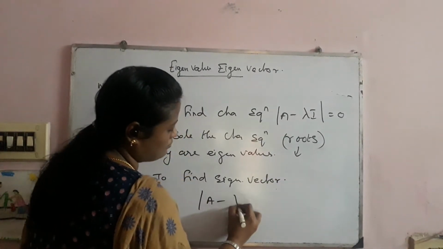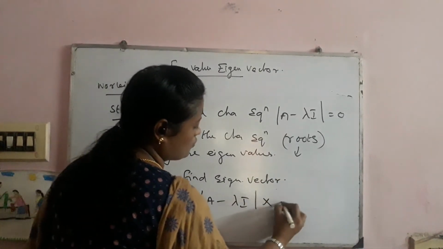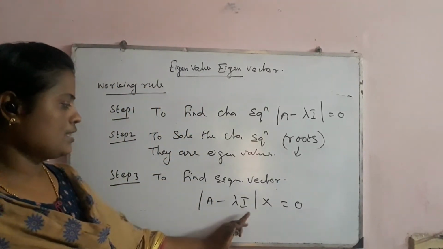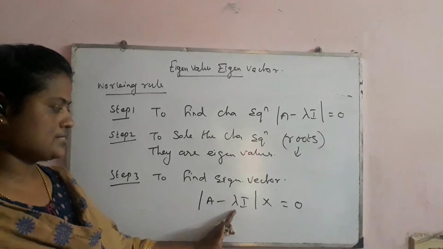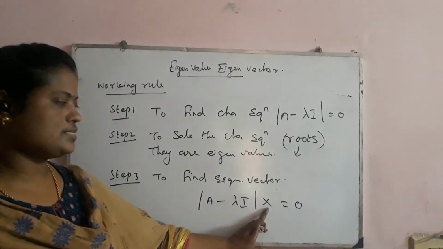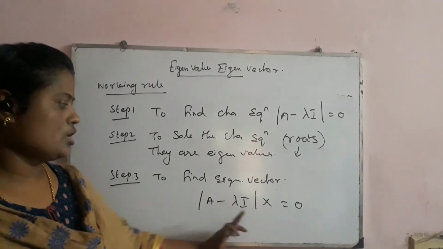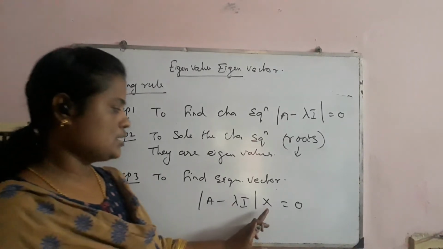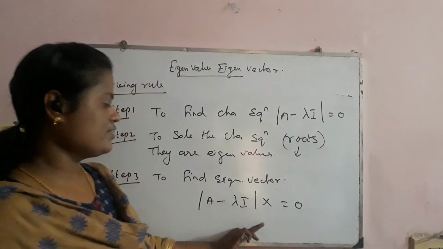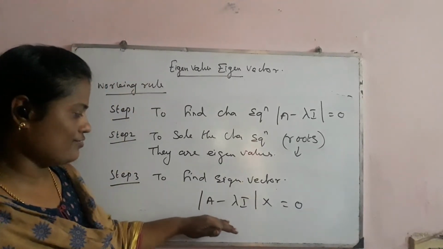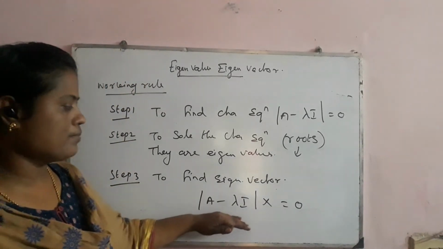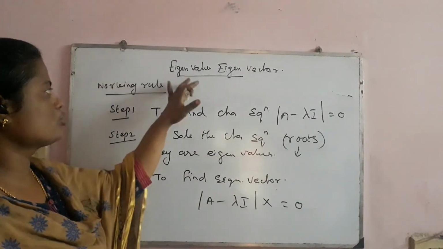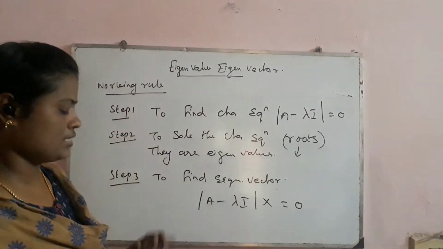A minus lambda I into x is equal to 0, where A is a square matrix, I is the identity matrix, lambda is any parameter, and x is the vector. For each lambda we can associate a non-zero vector, and then we will get the eigenvector. So this is the working rule for finding eigenvalue and eigenvector.